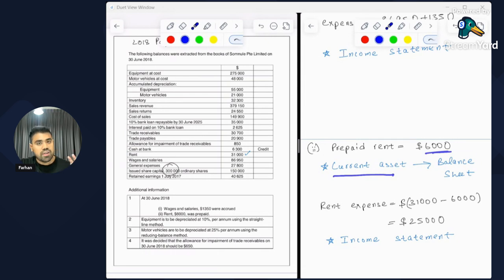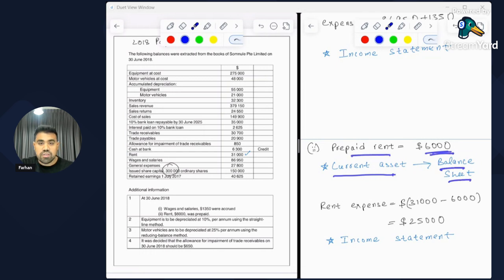At 30 June 2018, if we have rent of $6,000 which we have prepaid, this rent refers to the next financial year starting 1 July 2018. So at 30 June 2018, this rent refers to payment made in advance, and there are economic benefits which are attached to this prepayment of rent, and we still haven't used these benefits yet. Therefore, we can classify this as a current asset, and this is to be reported in the balance sheet as prepaid rent of $6,000.